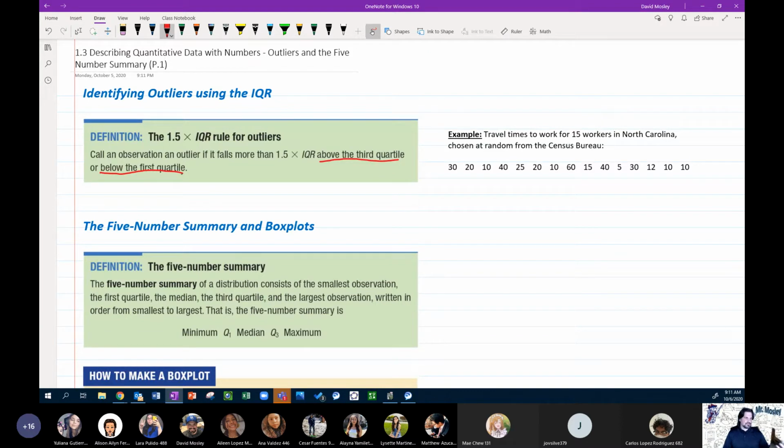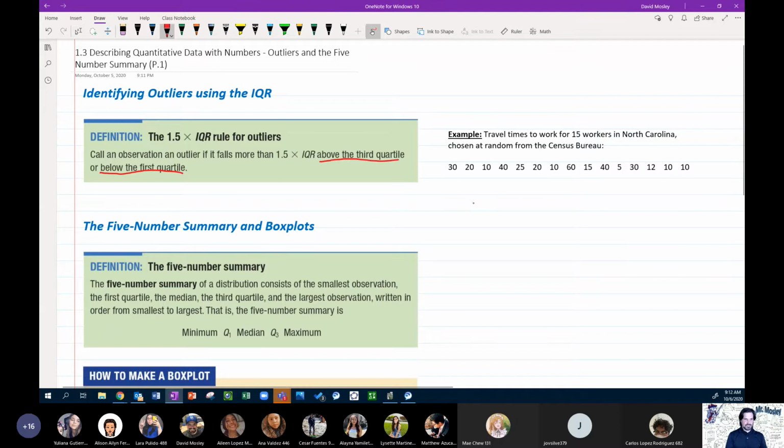And then we also have the 5-number summary. The 5-number summary of a distribution consists of the smallest observation, the 1st quartile, the median, the 3rd quartile, and the largest observation, or the maximum, written in order from smallest to largest. That is, the 5-number summary is minimum, Q1, median, Q3, and maximum.